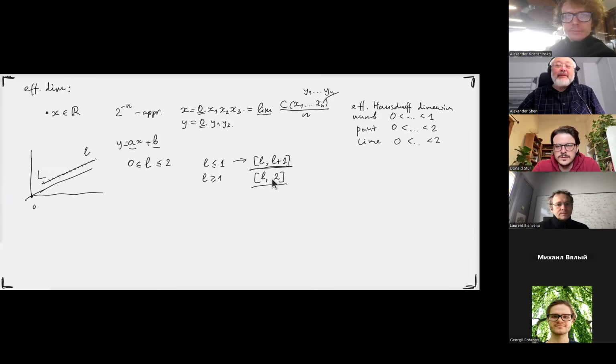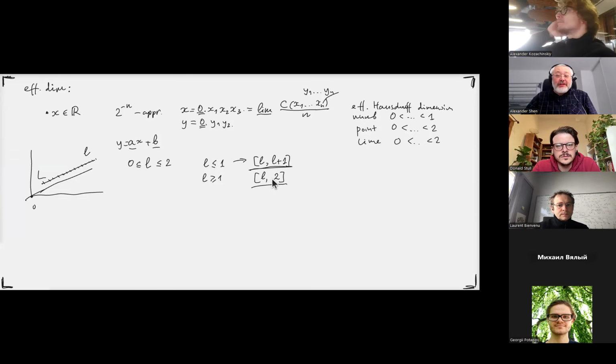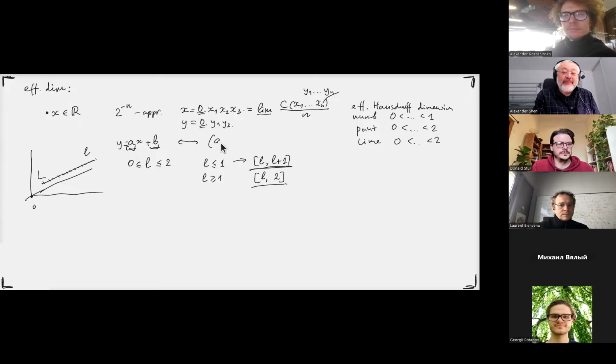Excuse me once again, what's the dimension of a line? So, the dimension of a point is clear, or not? It is clear. The line we can identify with the pair of its coefficients, A and B. So a line corresponds to a point (A, B). Okay, thanks.